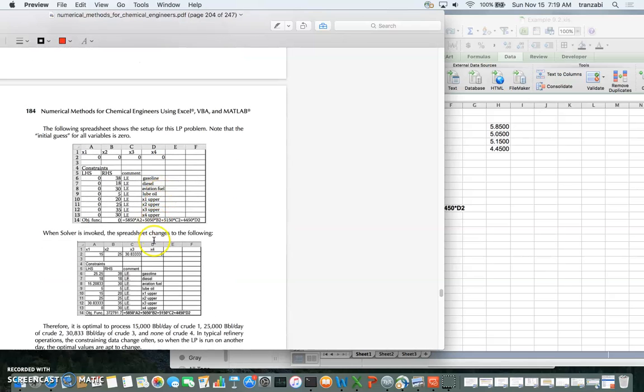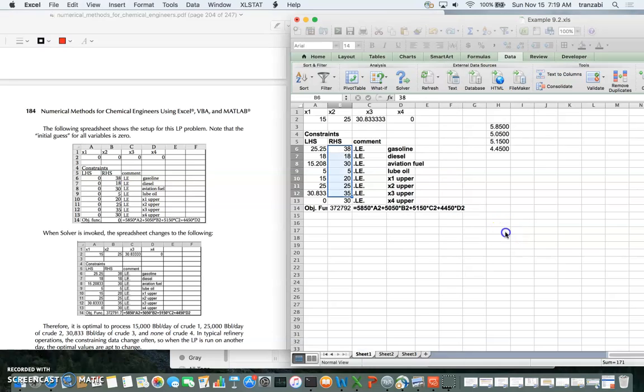Yeah, that's right. The solution is 0. Interesting. That means no product 4 is needed. Okay, so this is it. And then the maximum profit we get is about $370,000 a day. Huge, right? So that's how much these companies are making these days.